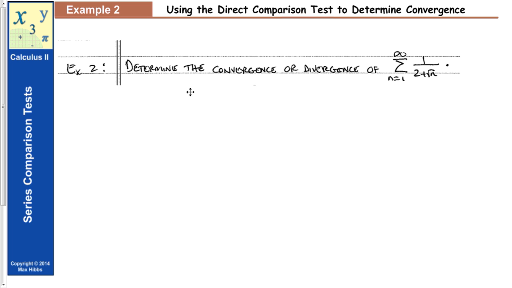Now the issue is, if I make these a sub n's, I've got to come up with a series that's larger, that converges, to do any good. Or if I make these the b sub n's, I'm going to come up with a series of a sub n's where the series diverges.